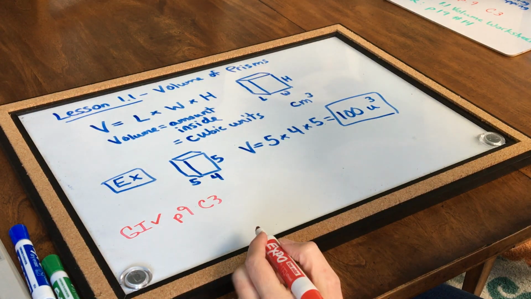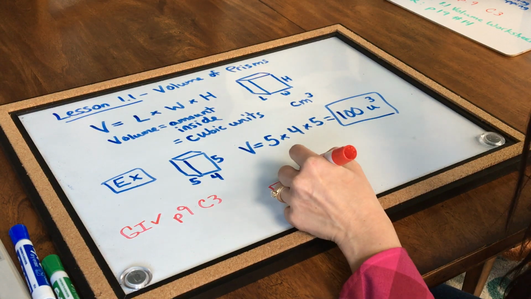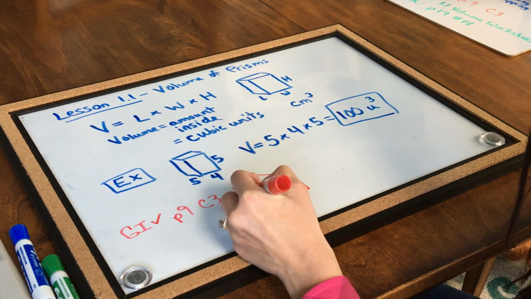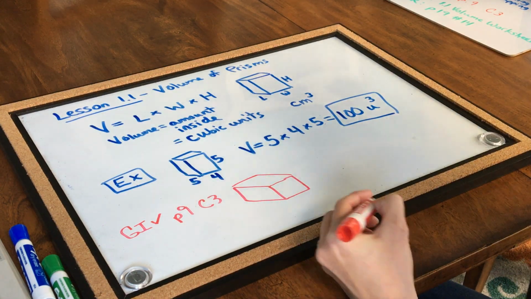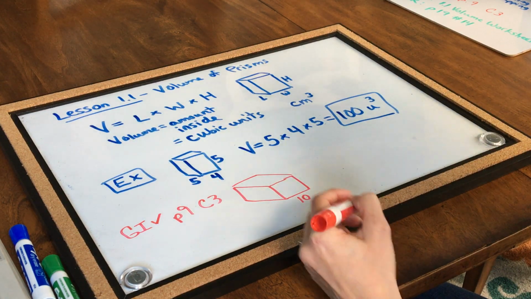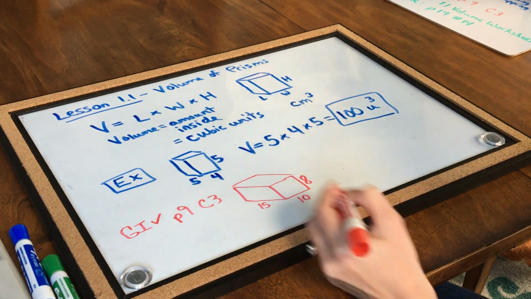All right, let's take a look at the volume of this object. As I look at my container, I have kind of a long container here. It had a length of 10, a width of 15, and a height of 8.